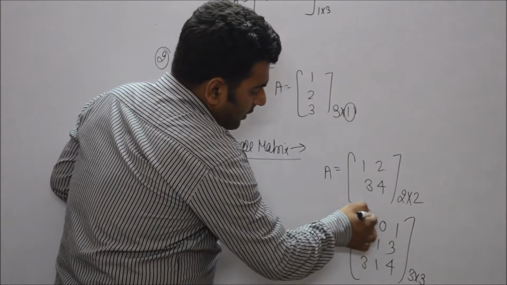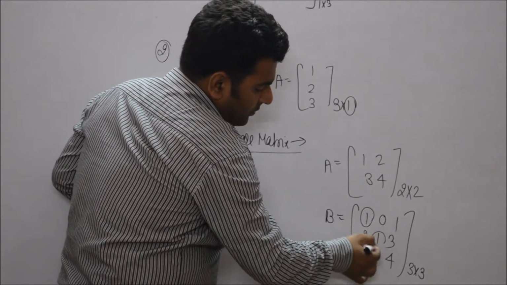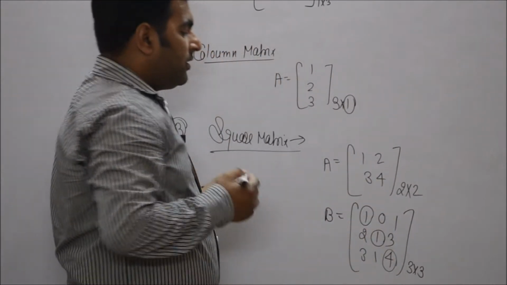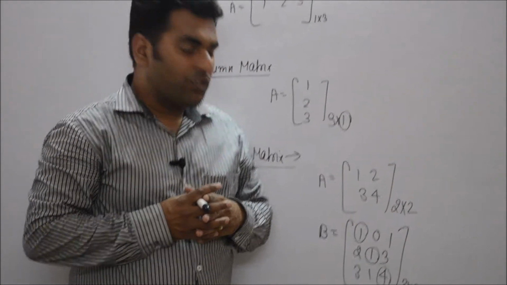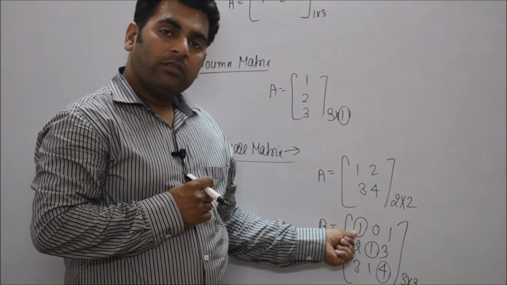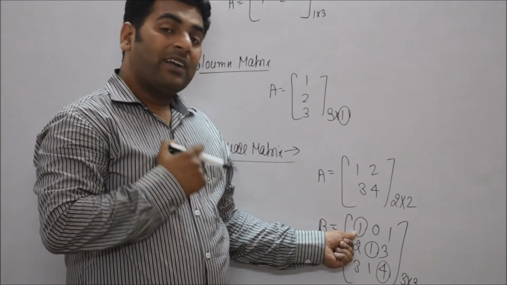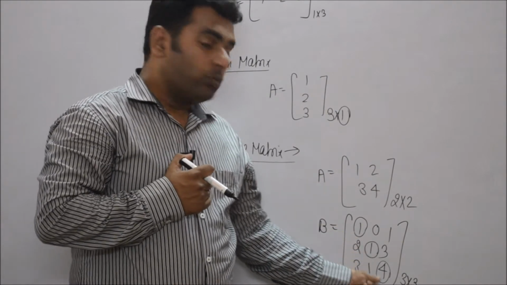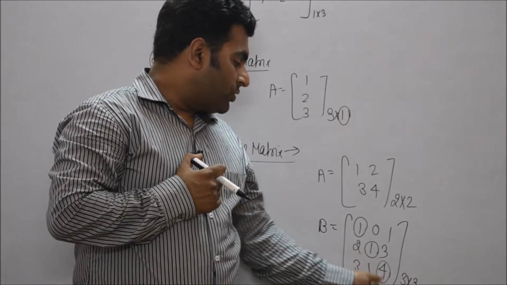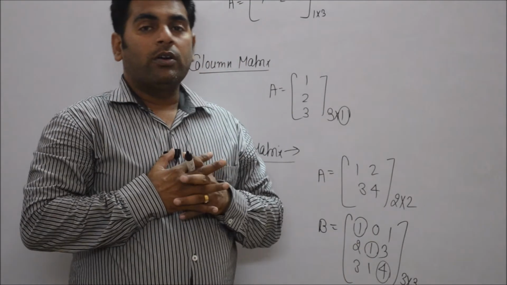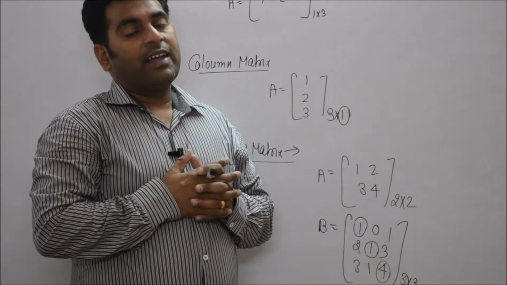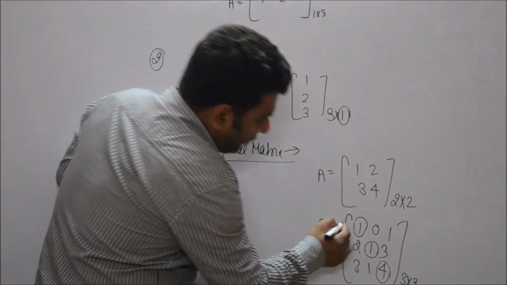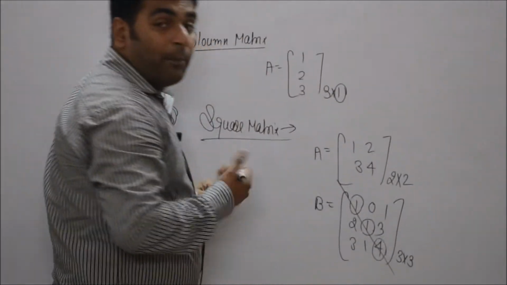Now, if you look at this position and this position, these three positions are very special. This position is 1, 1, and these are called diagonal positions: 1, 1, 2, 2, 3, 3. All these three elements are called diagonal elements, and the line which joins them is called the main diagonal.